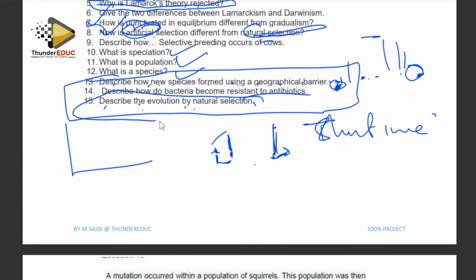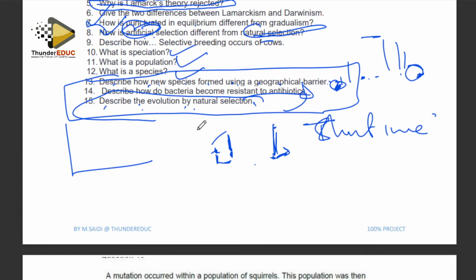Eventually the next generation will have a high proportion of organisms which have favorable characteristics. So this is also describing evolution by natural selection.